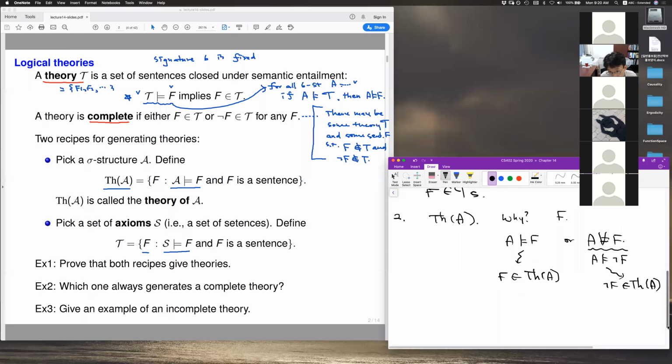Although this is maybe a very bad analogy, in computer science terms A is a bit like an implementation, and the theory of A is an abstraction achieved by the implementation.